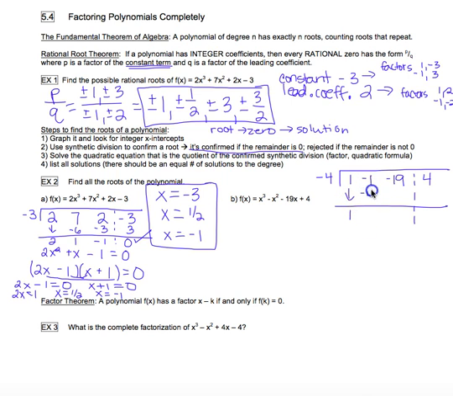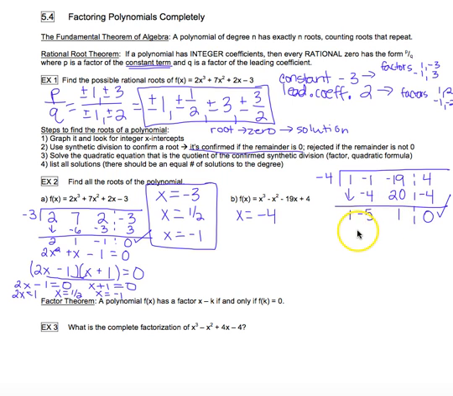I get -4 when I multiply, -5 when I add. Here when I multiply, I get +20. I get 1 when I add. -4 when I multiply, 0 when I add. So yes, I have confirmed, because the remainder is 0, that x equals -4 is indeed one of my roots, or one of my solutions, or one of my zeros.